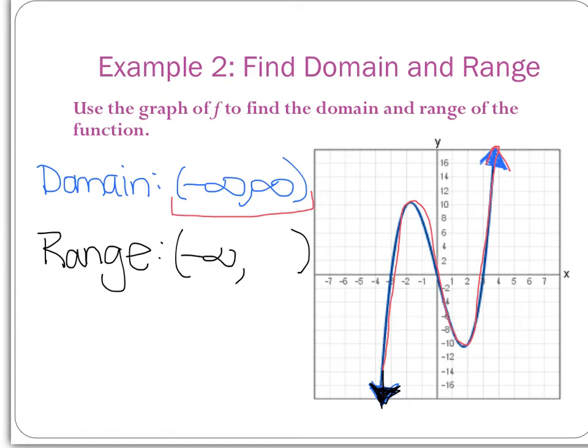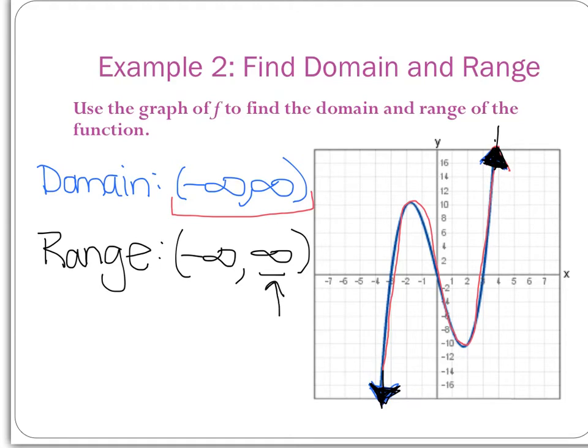So I would say the function, the least y value is negative infinity, and since this arrow is pointed upward, we're going to say the function increases infinitely to the right as we move to the right. And so the greatest y value this will ever reach is positive infinity, because the graph is going to keep going up forever or infinitely, so the highest y value would be then infinity.